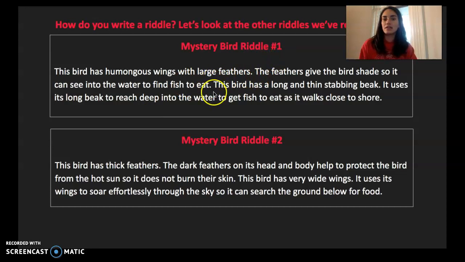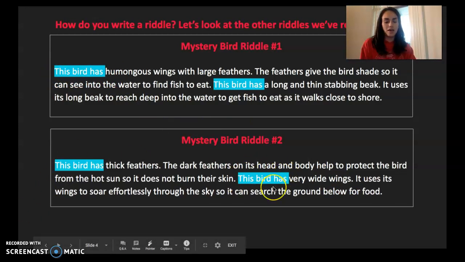And I see it again down here. This bird has a long and thin stabbing beak, and this bird has very wide wings. So the person who wrote these riddles used those words, "this bird has." We'll try using that in our writing. I highlighted it in blue for you, so you can see all the places it starts with that.